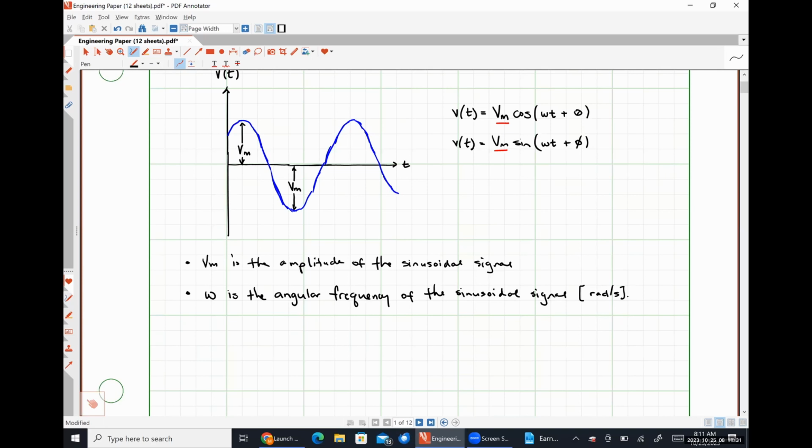So this is a potentially difficult concept. So we are going to tie it back to some things that you're probably familiar with already, okay? So capital T is the period of the sinusoidal signal.